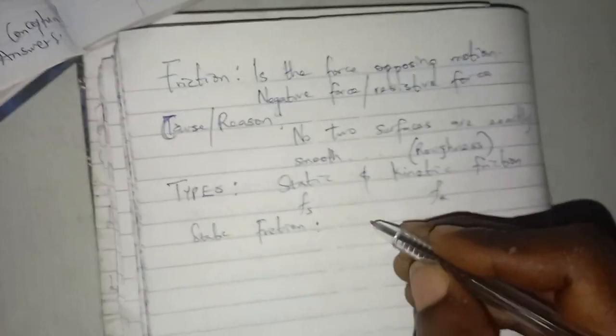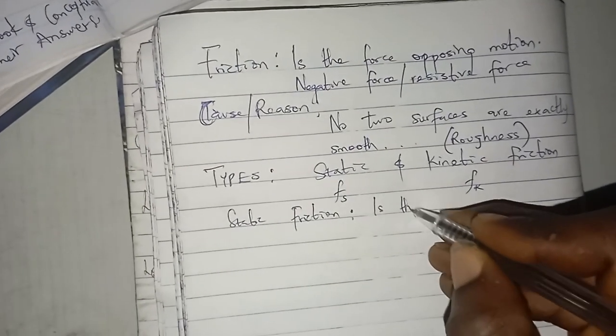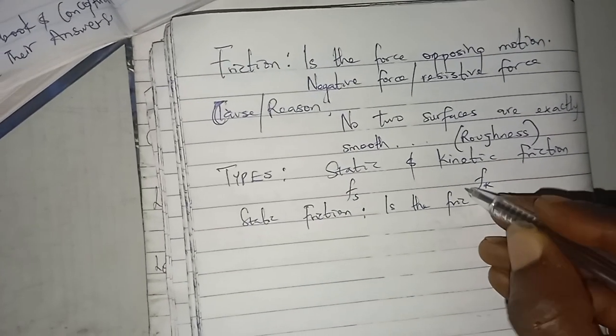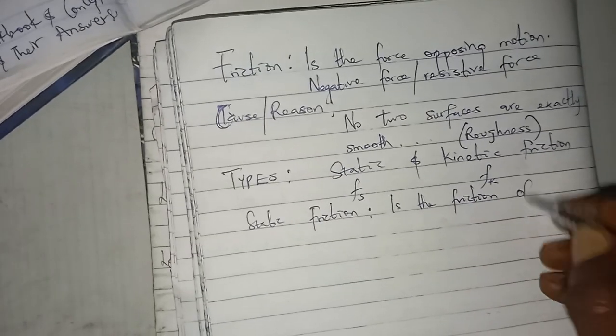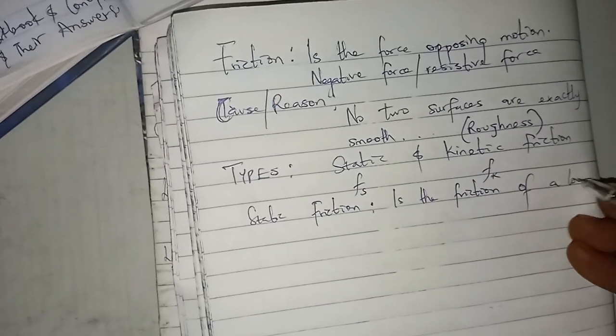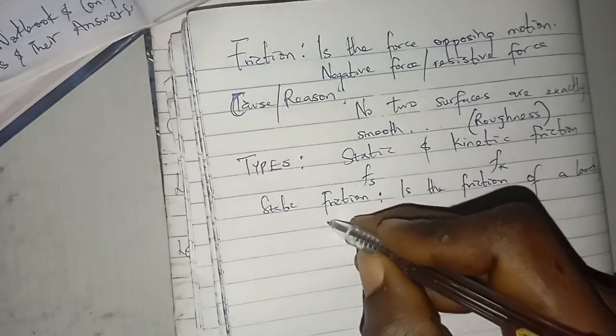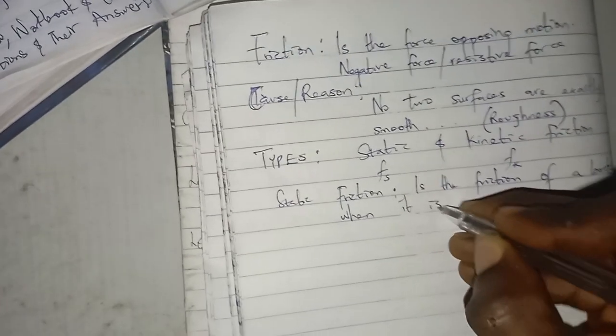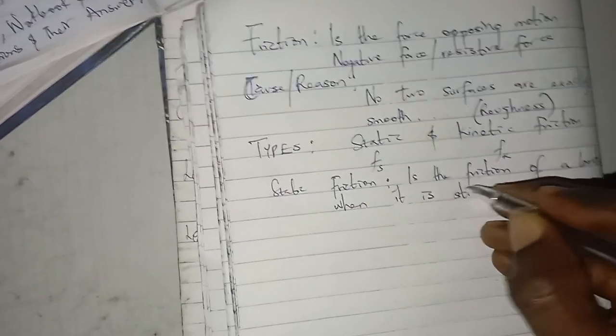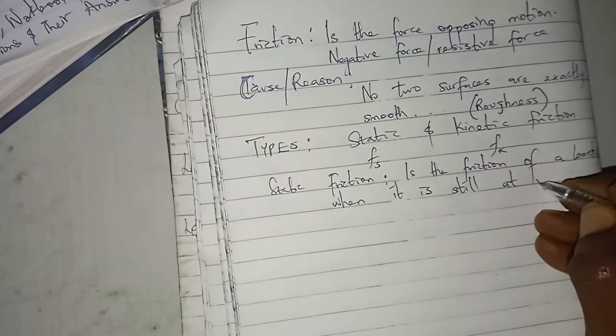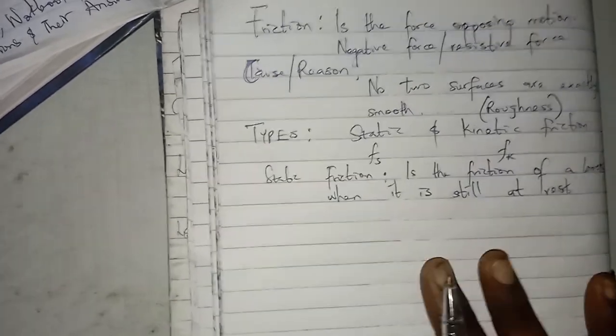So we say static friction is the friction of a body at rest, or you say when it is still at rest. So you can say the friction of a body at rest.